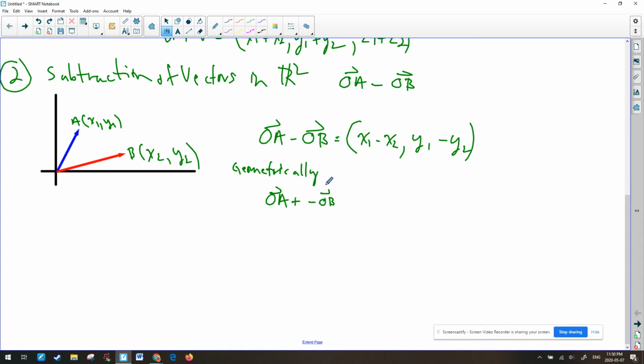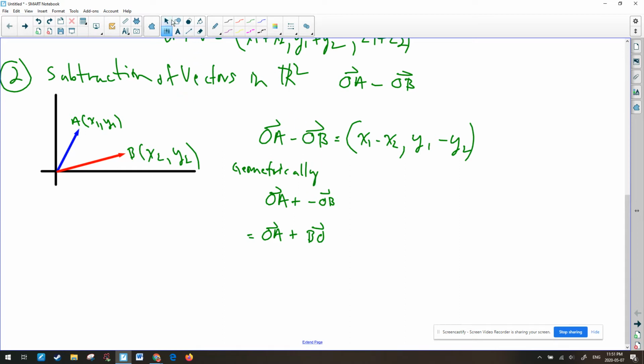Well, negative OB is the same thing as BO. But that would mean that this vector is the same length as this vector, and it is parallel to that vector, or collinear when we talk about it in vector terms, but it would be in the opposite direction.